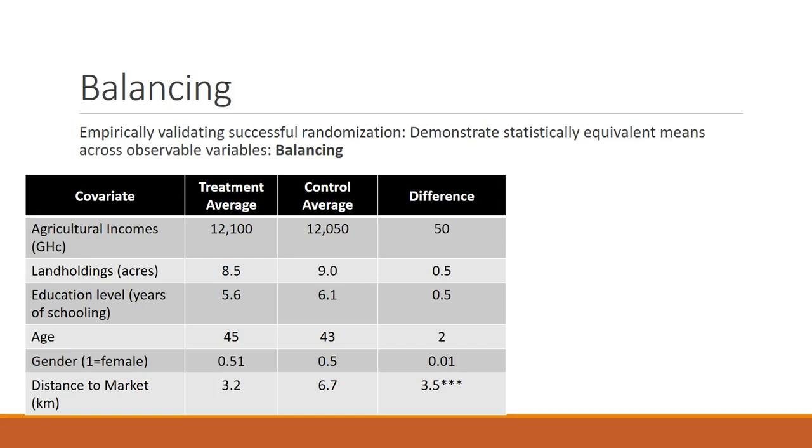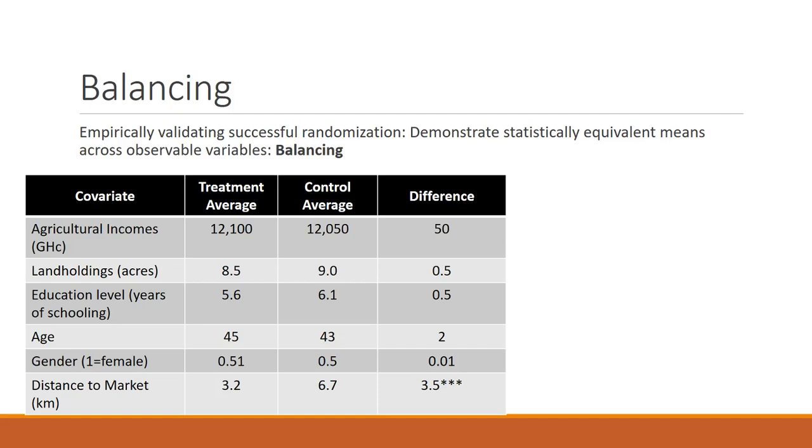But before we give any of them the treatment, we're going to compare our treatment group to our control group. What we want to see is that our treatment group is the same as our control group on average.